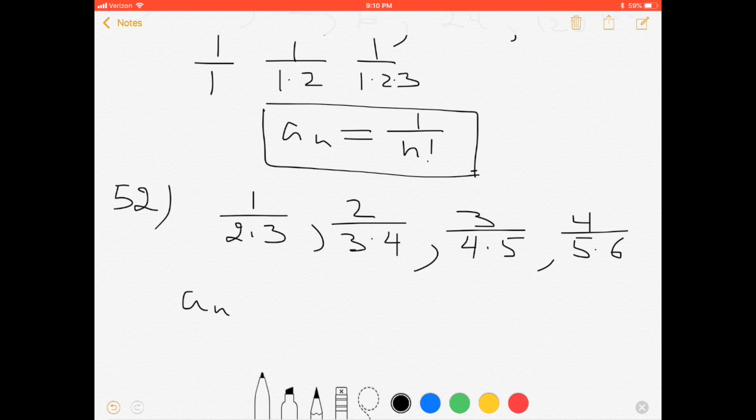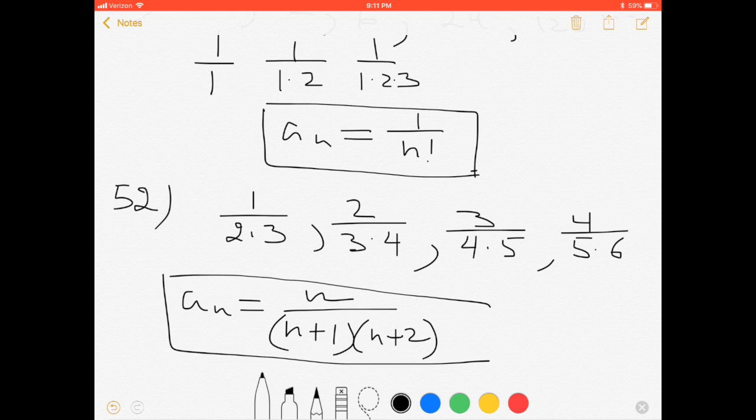This means it looks like the numerator is n. If you look at the denominator, one number is 1 greater than what you have in the numerator, and the second number is 2 greater: n plus 1, n plus 2. This means we found the formula for our sequence. Okay, do your homework and we continue our work.